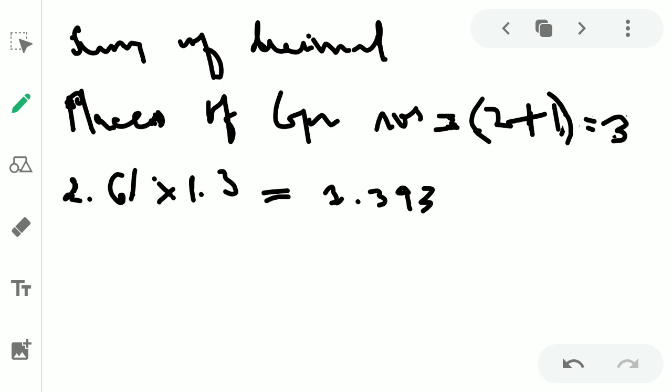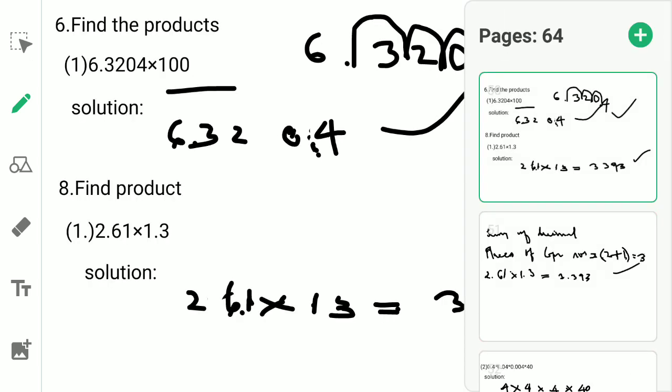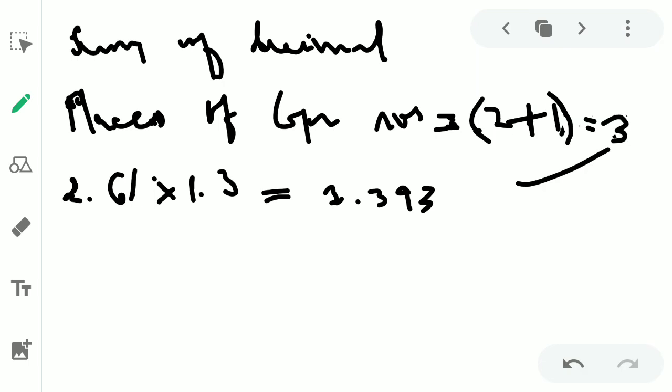In 2.61 into 1.3, the total number of decimal places after the point is 2 plus 1, 3. Previously I multiplied without the decimal, and here I have multiplied with the decimal. I am getting the answer as 3.393.